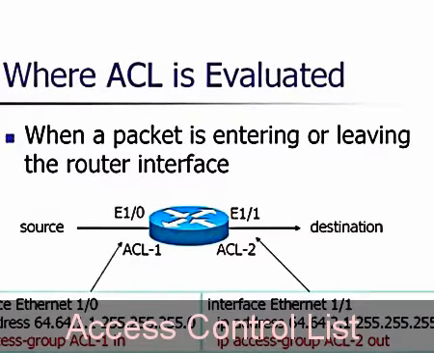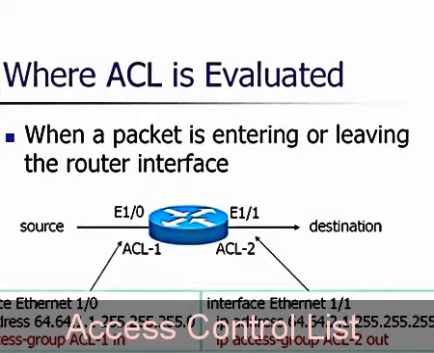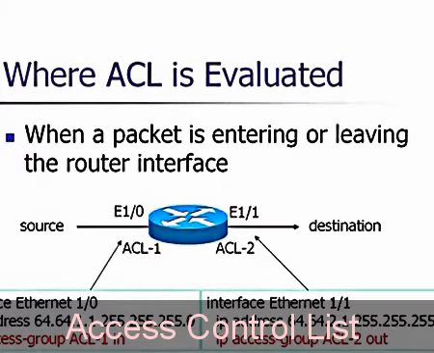When I teach this topic, I always ask folks to think about the packet flow in motion. People always ask me where the access list is evaluated. In the real world, packets travel through routers, and the routers make decisions on where to forward them. There are two places the packets may be evaluated. One is the inbound interface, and the other is the interface where the packet leaves the router.